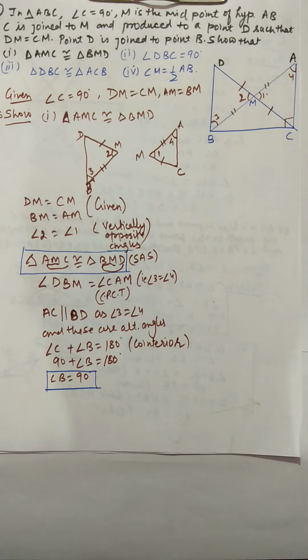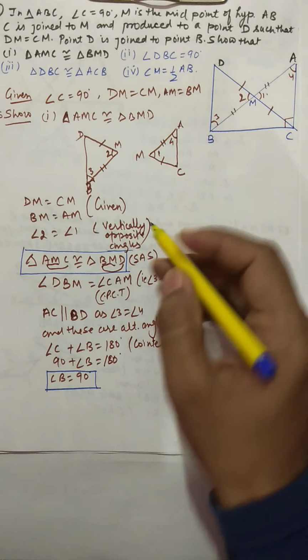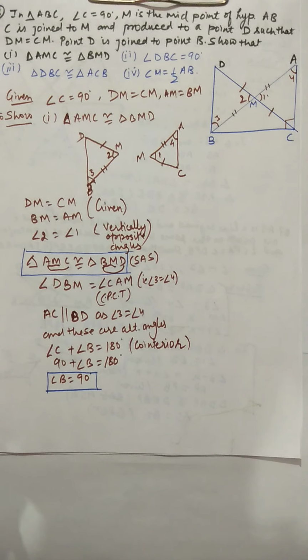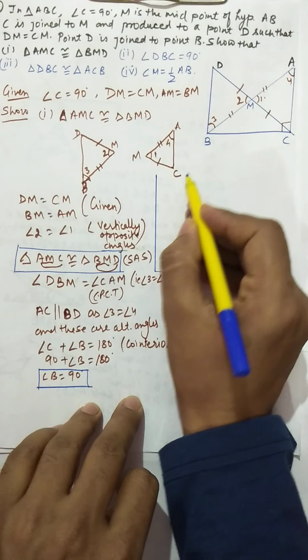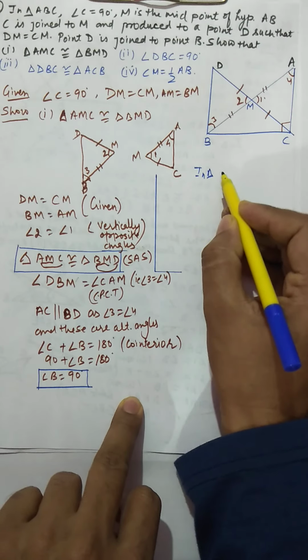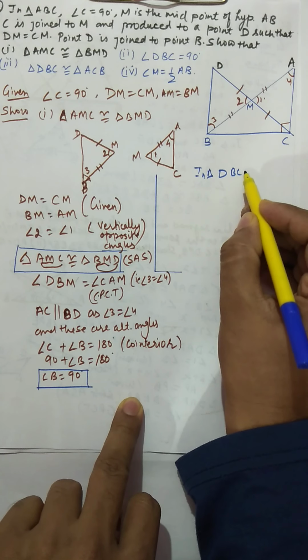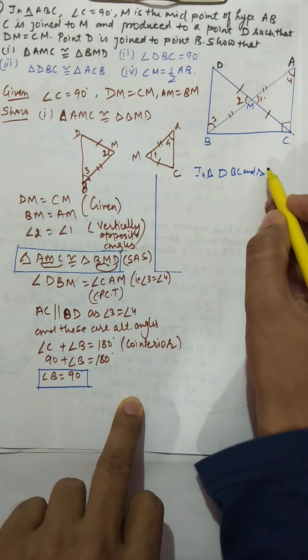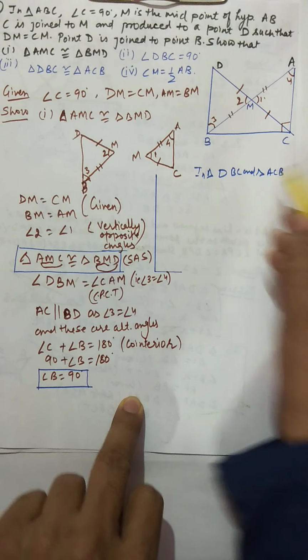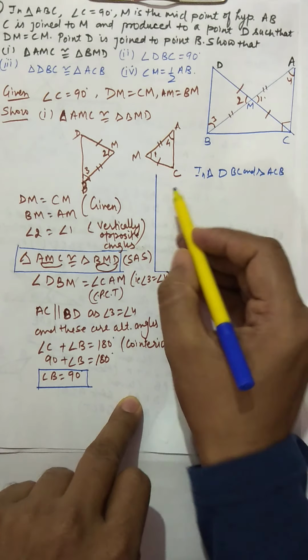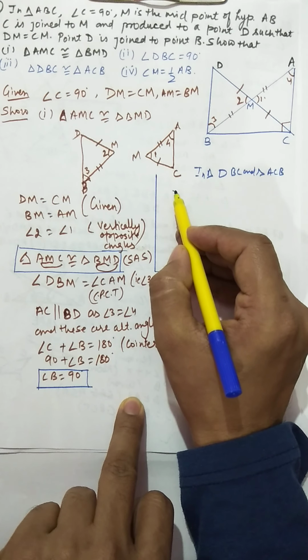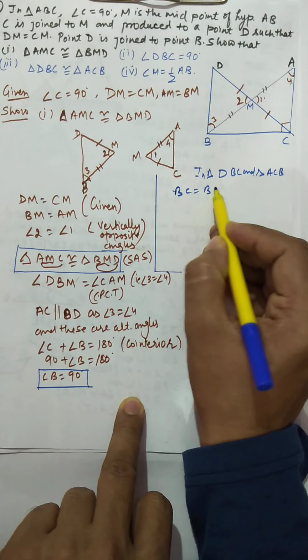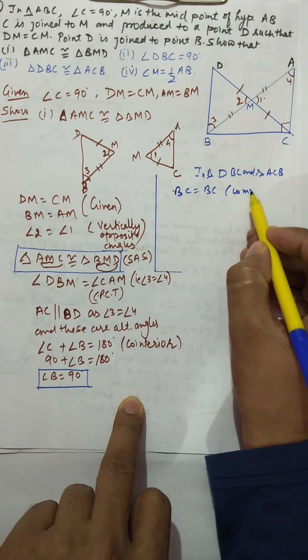Now we will take triangle DBC. So we write here, in triangle DBC and the second triangle ACB, now you can show that BC is equal to BC, which you can write as common.